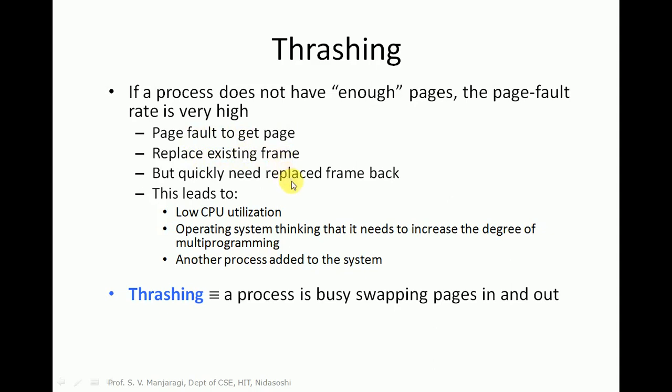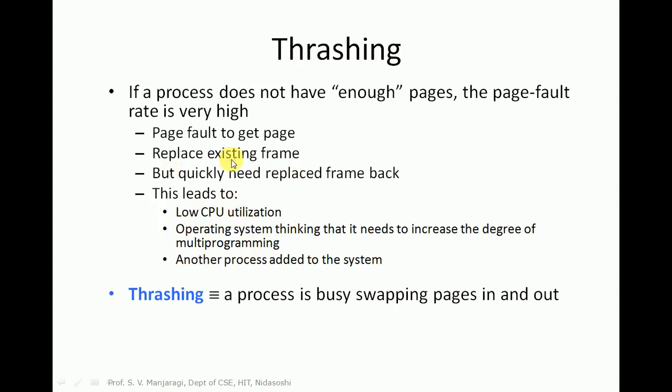But this may lead to lower utilization of CPU, and the operating system thinks that it needs to increase the degree of multiprogramming. Then another process is added to the system, and the page fault rate increases very high. That leads to low utilization of the CPU.